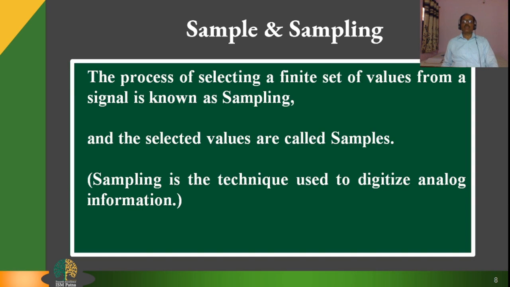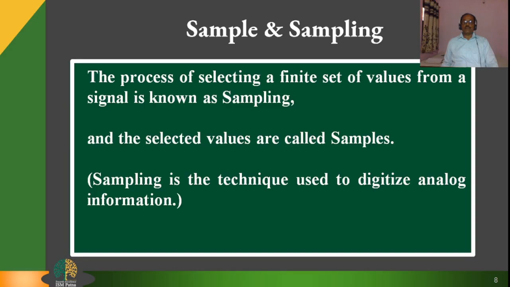Sampling is a technique used to digitize analog information. Once these samples are selected, they are displayed using a process known as reconstruction, which attempts to recreate the original continuous signal from the samples.